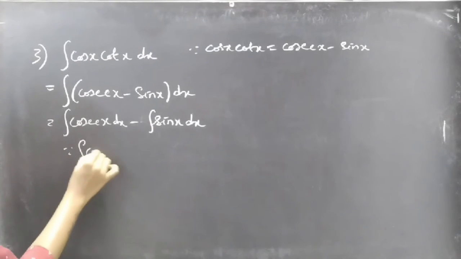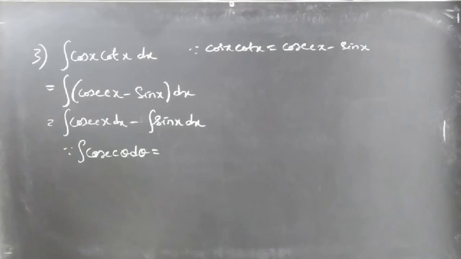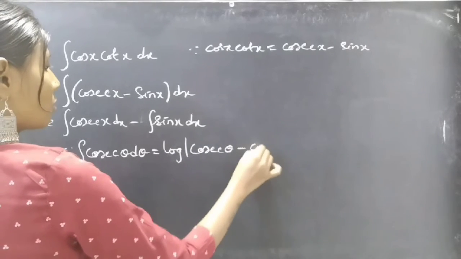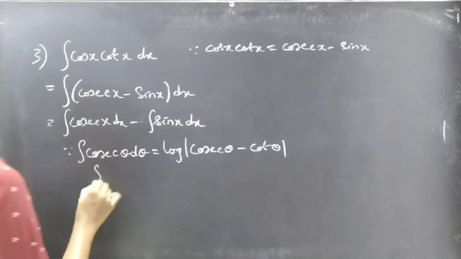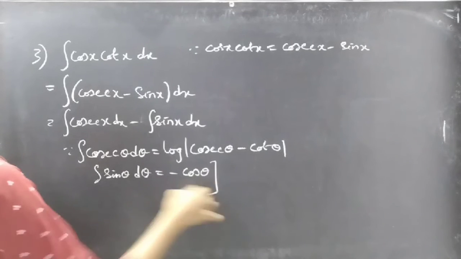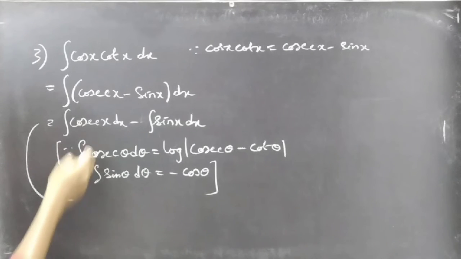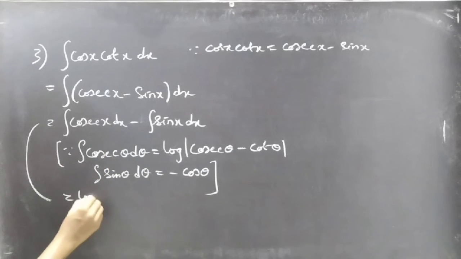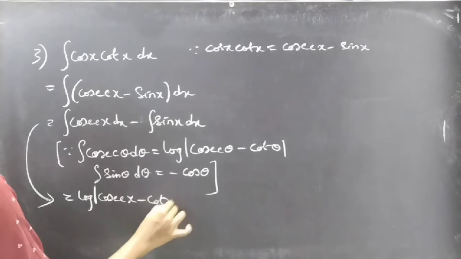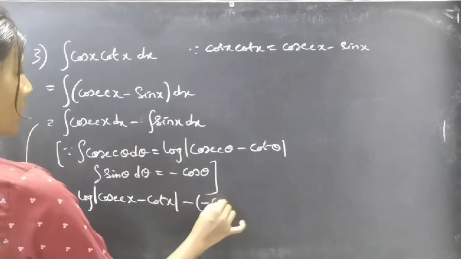Since we know that integral cosecant theta d theta equal to log mod cosecant theta minus cot theta, and integral sin theta d theta is minus cos theta, the expression becomes integral cosecant x dx is log mod cosecant x minus cot x, minus integral sin x dx is minus cos x.